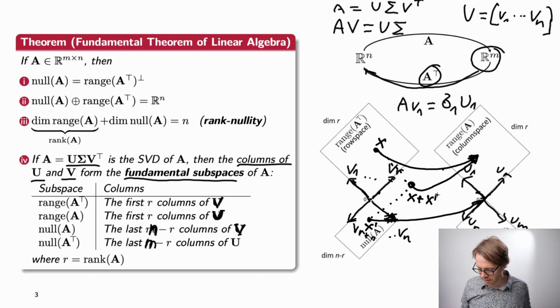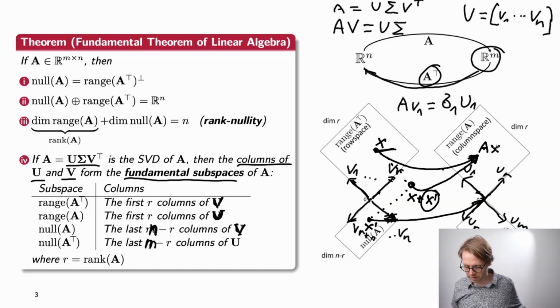We know that Ax prime is 0 because x prime is an element of the null space of A. Thus, this part of the sum will be mapped to 0, and the remaining part of the sum will be Ax. So this will go to Ax.